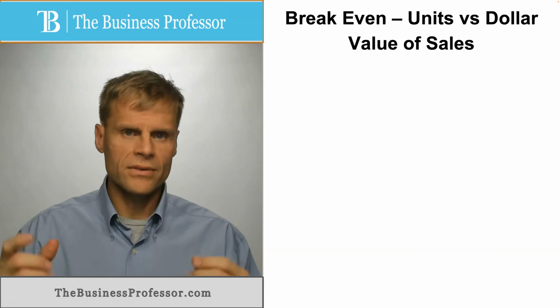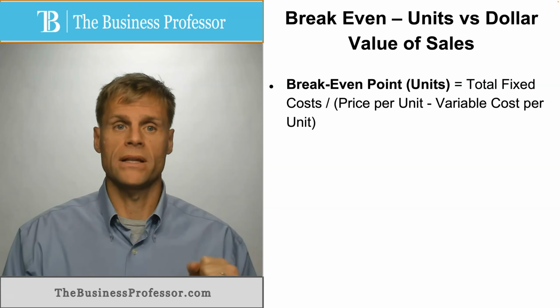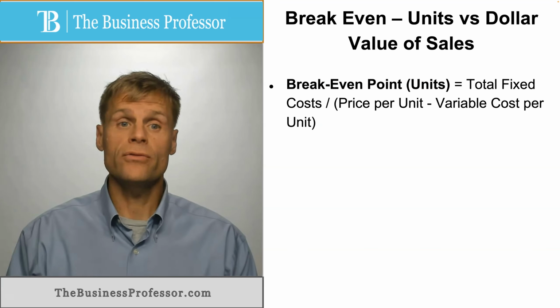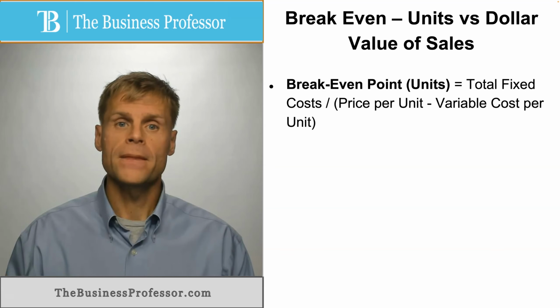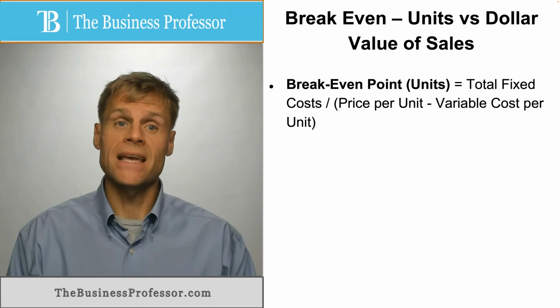Now, rather than have to think through a scenario like that and use the actual metrics, let's look at the formula. To start with, the break-even point for units, you'd simply take your total fixed cost divided by your price per unit minus your variable cost, just like the simple example I gave.